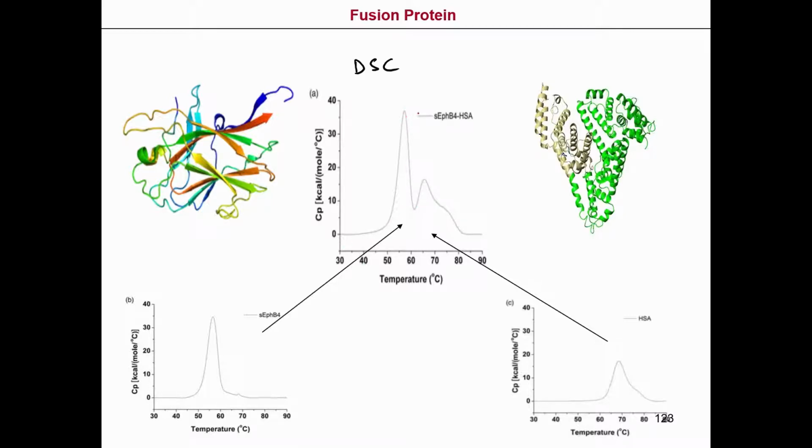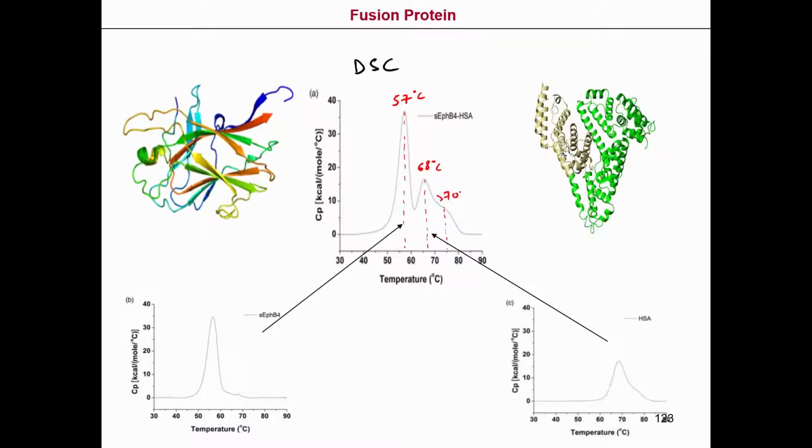We have the first here, a second one here, and another one here at the shoulder. So we have a transition at around 57 degrees, another transition at 68 degrees Celsius, and the last one, the shoulder one, at above 70 degrees.